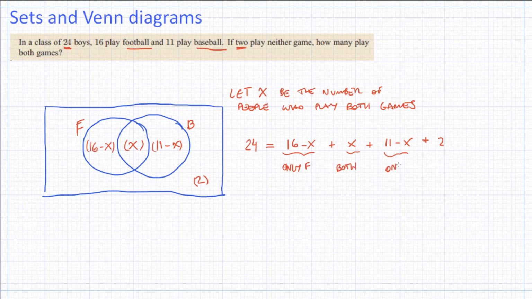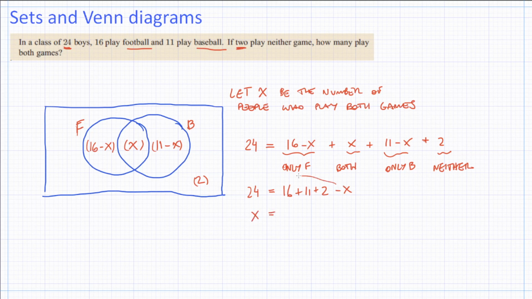This is only baseball, and this is neither. Right? So let's work it out. We can cancel some things, right? So 16, now minus X with plus X, we're going to get rid of that, plus 11 plus 2 minus X, right? So we can rearrange a few things.